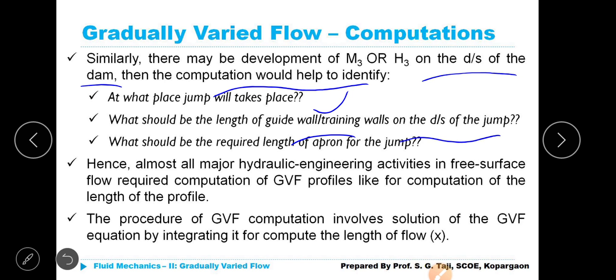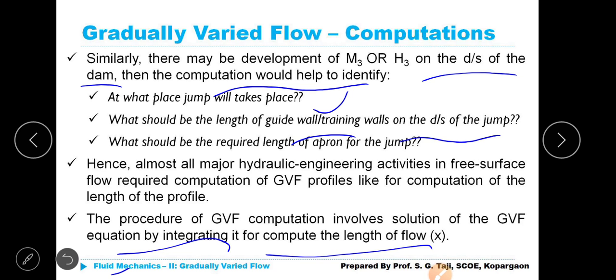Further, almost all major hydraulic engineering activities in free surface flow require computation of GVF profiles, like the computation of the length of the profile. The procedure of GVF computation involves solving the GVF equation by integrating it to compute the length of flow.